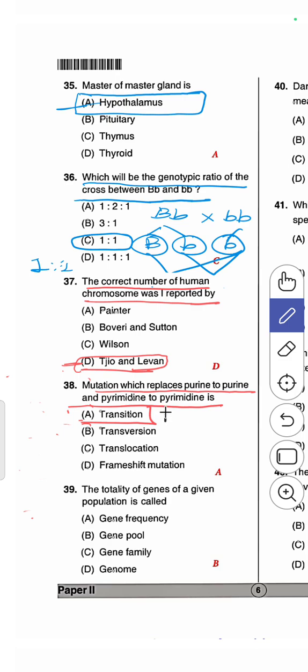If you replace purine to purine or pyrimidine to pyrimidine, then it will be called transition. If you replace purine with pyrimidine, then it will be considered as transversion. So here 38, A is the right answer.